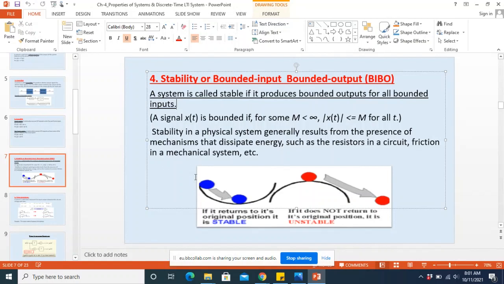But in the first case, when you put the ball in the cup with proper force, the ball stays in the cup and keeps moving. It means you give the input properly and you get the output properly, bounded. So this is the meaning of stability.